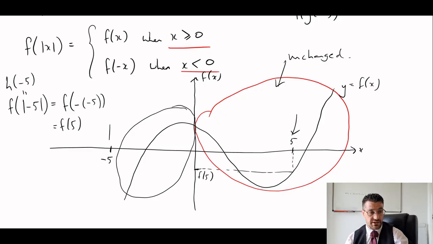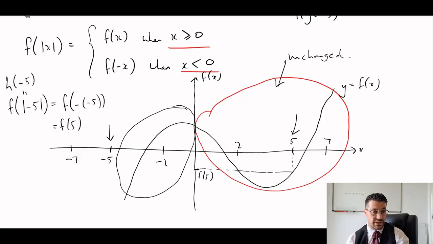That's the value that I'm going to get now when I'm here at minus 5. But the same applies to any negative value. Minus 3, or let's say minus 2. When I'm here, f of the modulus of x will evaluate as if I were here at 2. When I'm at minus 7, f of the modulus of x will evaluate as if I were here at 7. As if it were the function f, but evaluating at this value 7.